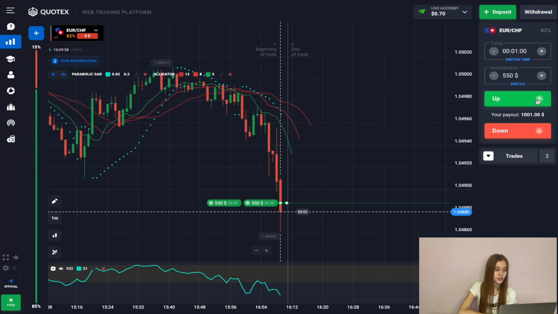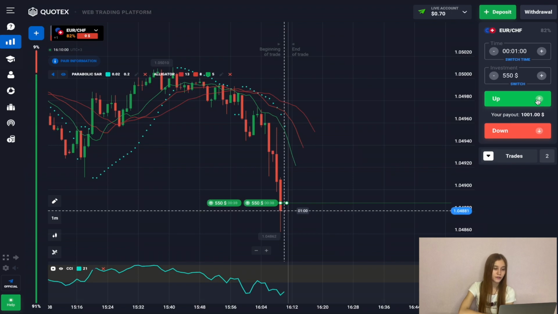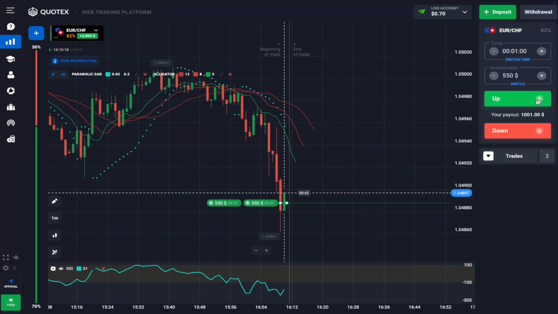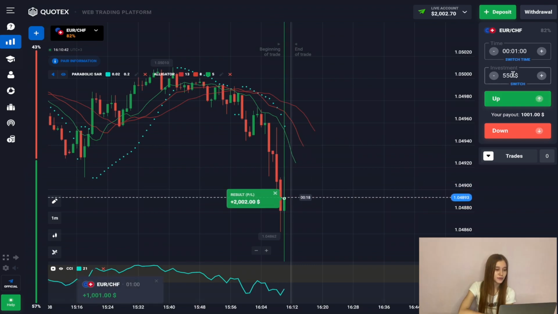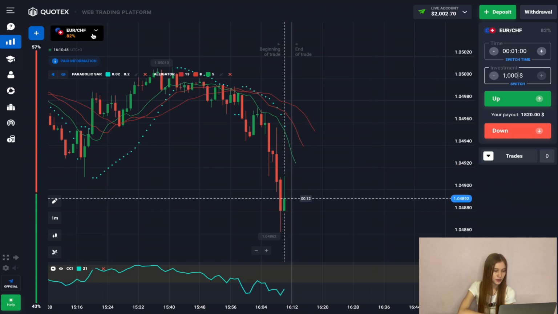So now we expect a trend reversal to an upward after this correction. Let's wait for the end of the deal. And we successfully close our double trade and continue our trade.